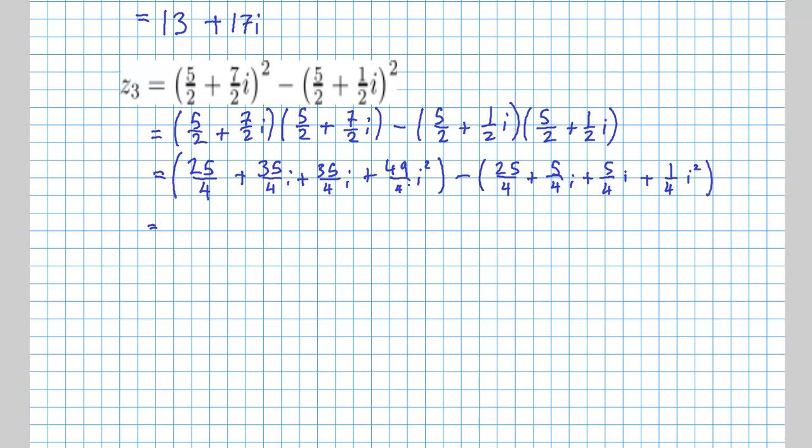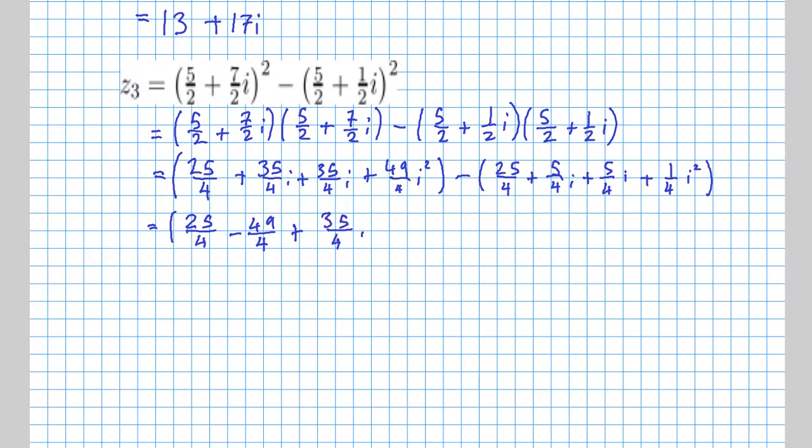So the way we handle this is we can group similar things together. Of course, this 49 over 4 times i squared is eventually going to become minus 49 over 4, because i squared is minus 1, so I'm going to do that right away. And then I'm going to stick everything else on the end.